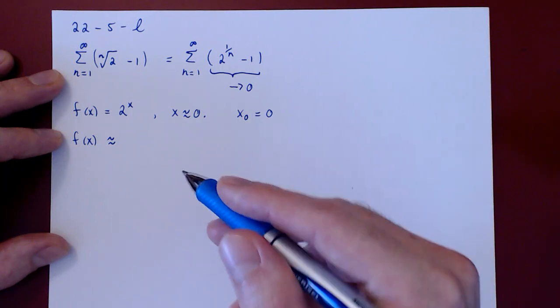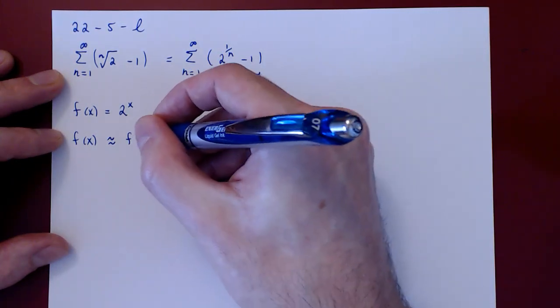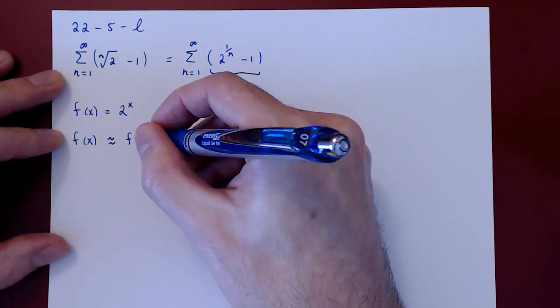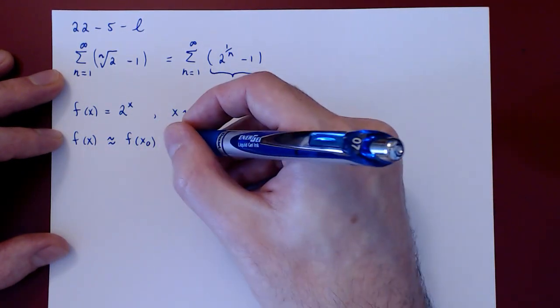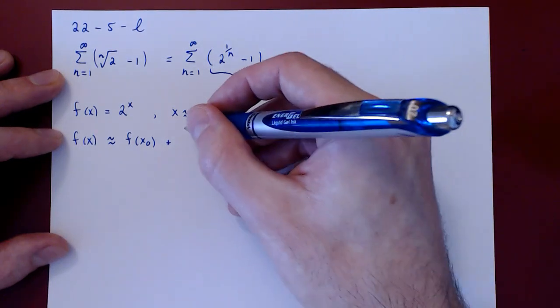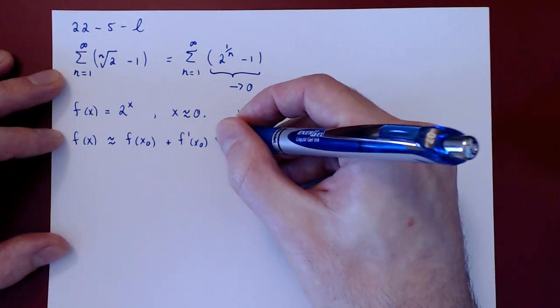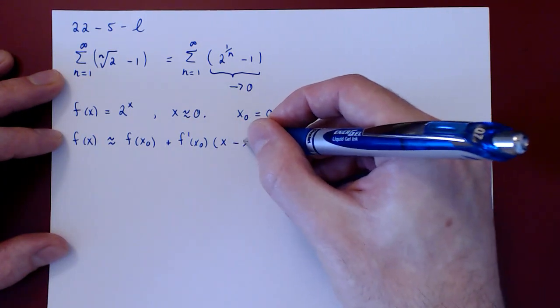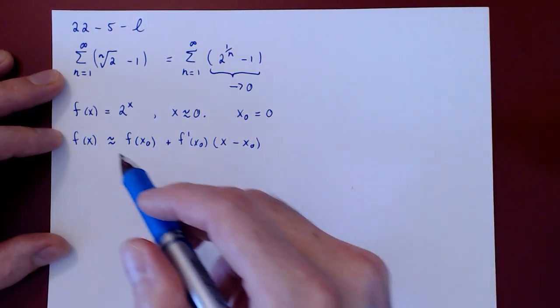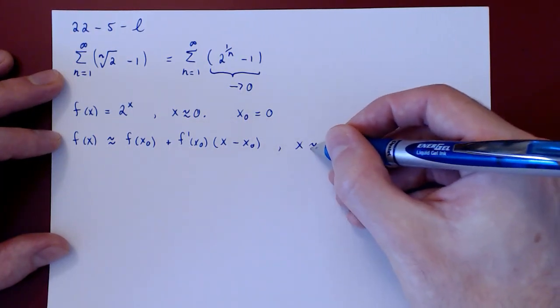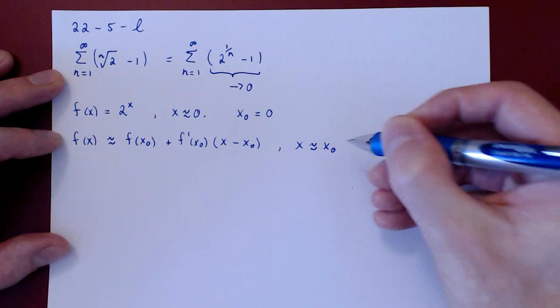The general equation of a tangent line at a point x0 is given first by the value of the function at this point, plus the slope of the function at this point, times the change in x. And this approximation, of course, is only good if x is very close to the point of tangency x0.